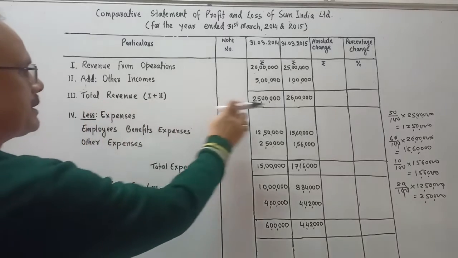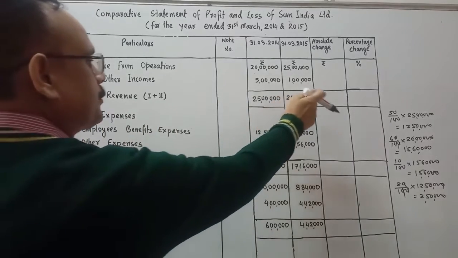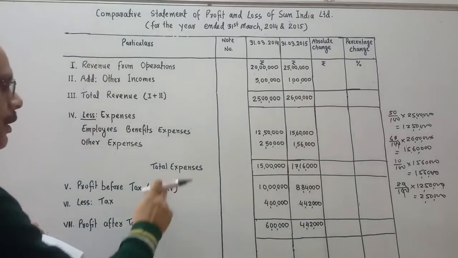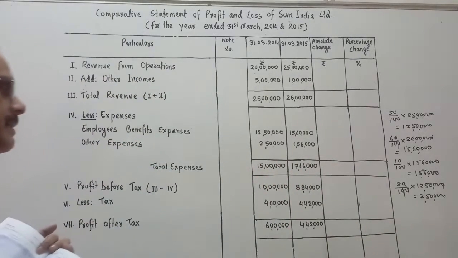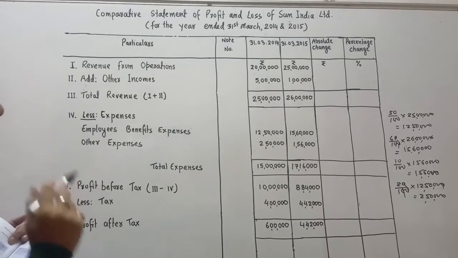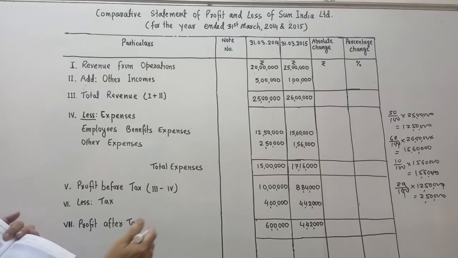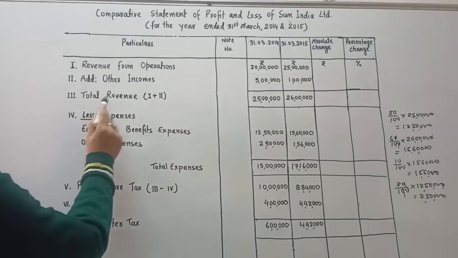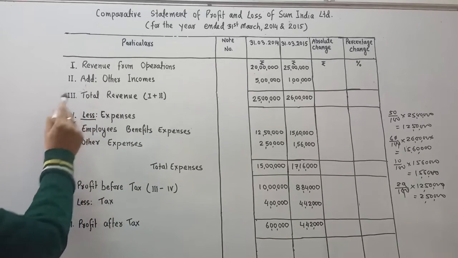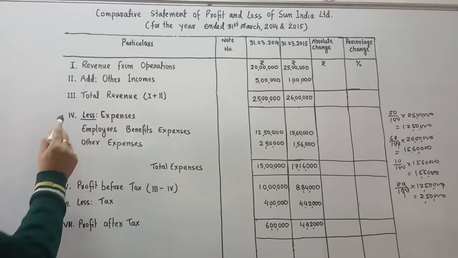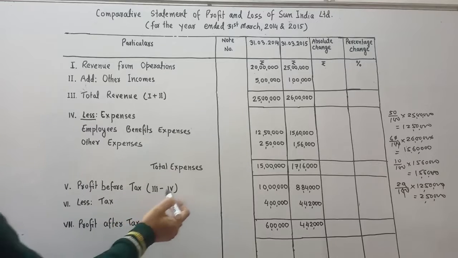Total revenue is 25 lakhs and 26 lakhs respectively, whereas the total expense is 15 lakhs and 17 lakh 16,000 respectively. Now come to the profit before tax. What we will do? Total revenue minus total expense. Total revenue means third number, and total expense means fourth number. Third minus 4.